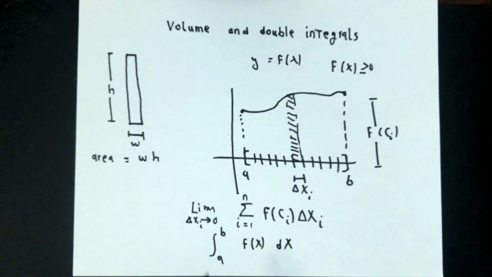The name that we give to this limit of sums is the definite integral from a to b of f of x dx. And in the case where f is positive, we identify these individual terms as approximately areas under the curve that go with a given chunk on the x-axis.